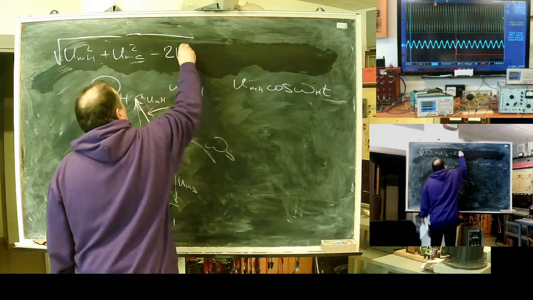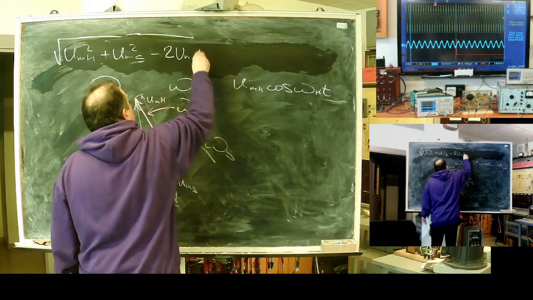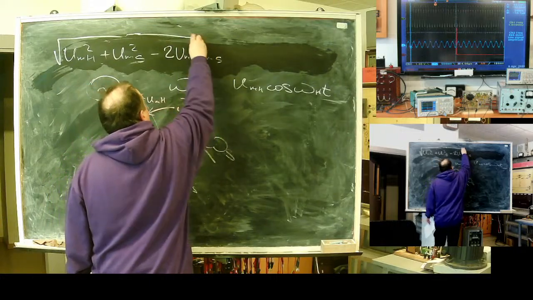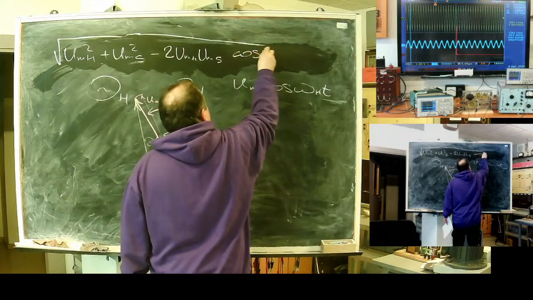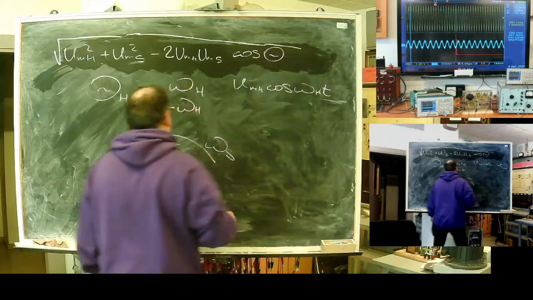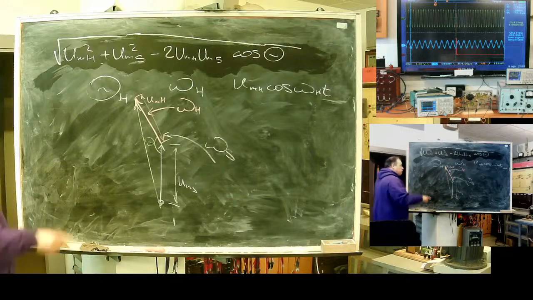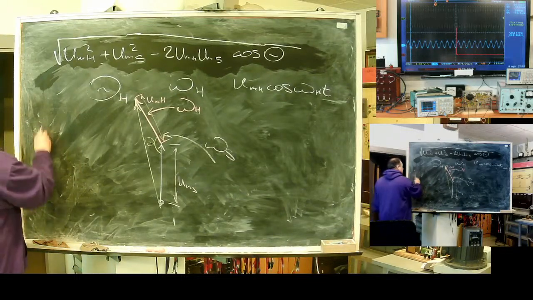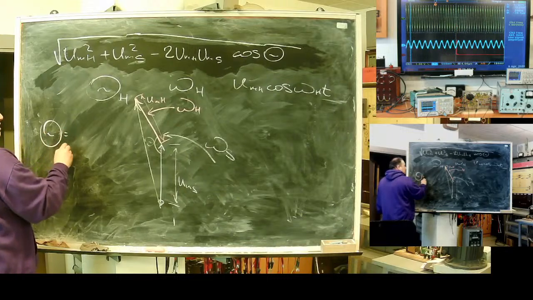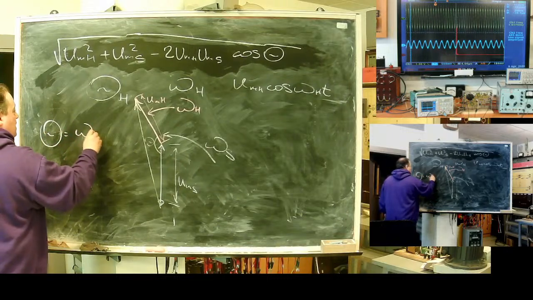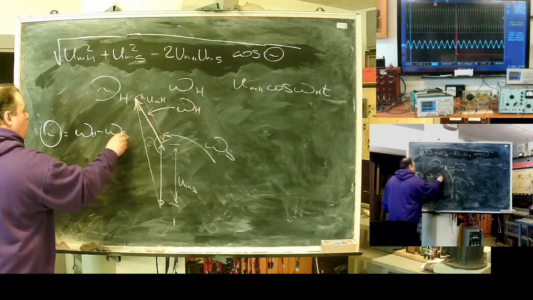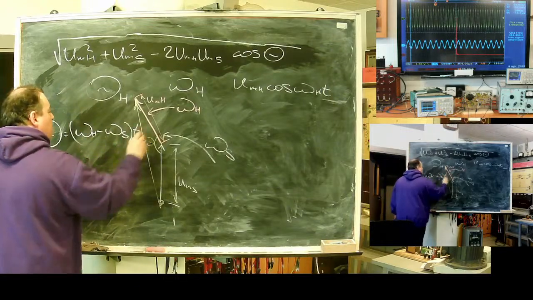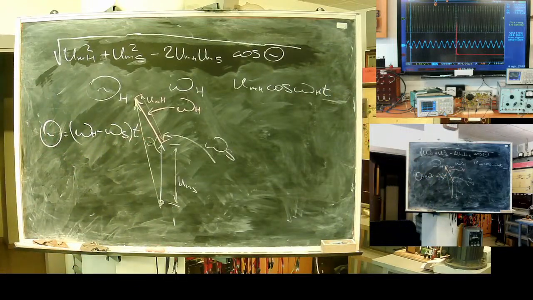Minus 2 times heterodyne times signal multiplied by cosine of this theta, yeah? But what's the theta? Angle theta is omega heterodyne minus omega signal multiplied by time, yeah? Difference of frequencies in time.